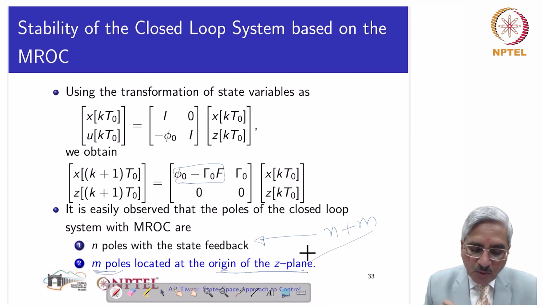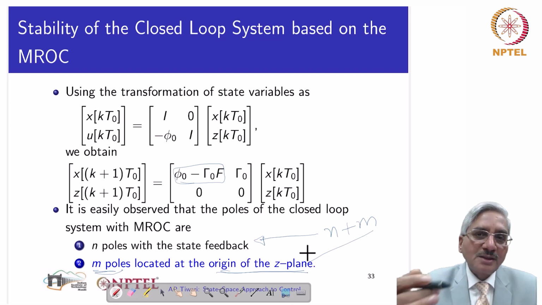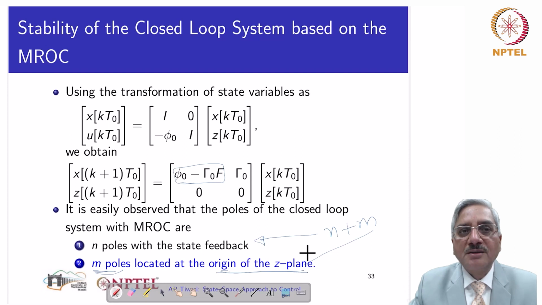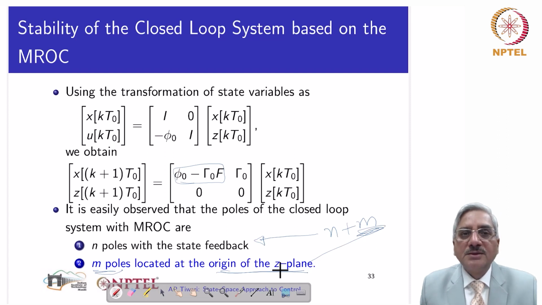So it has n poles corresponding to the state feedback system, the discretized system corresponding to the continuous time system sampled at the rate 1 by t0, and m poles which are all at the origin of the z plane.